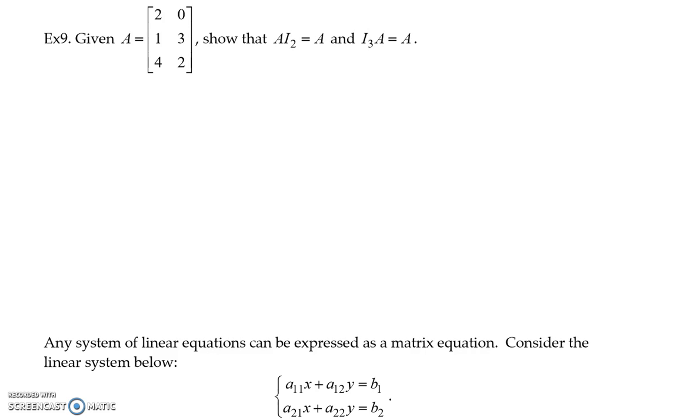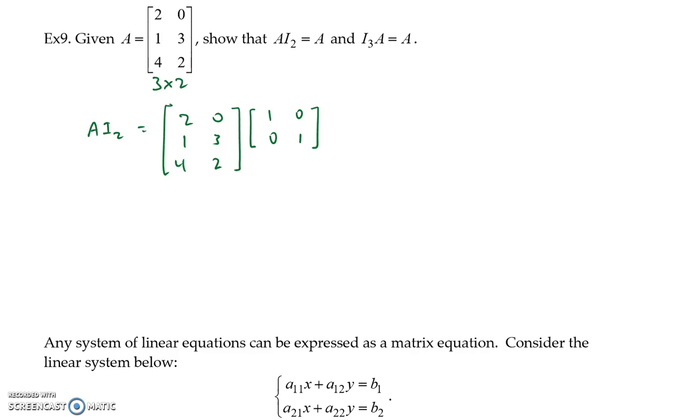Example 9 says, given A as shown, which is an order 3 by 2 matrix, show that A times I2 equals A and I3 times A equals A. Okay, let's look at A times I2. A times I2 would be, and I'll just recopy A, 2, 0, 1, 3, 4, 2, times I2, which is 1, 0, 0, 1.